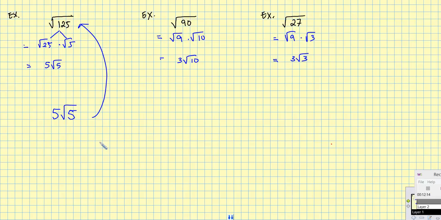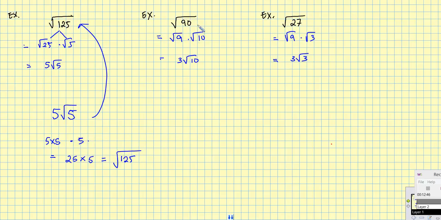So the way we go about doing that is by saying, take the outer number and square it. So I take the outer number, the one that isn't in the square root, and I square it, so 5 times 5, and then I multiply it by 5, so that I get 25 times 5, and that gives me 125. And then I just place it under the square root sign.